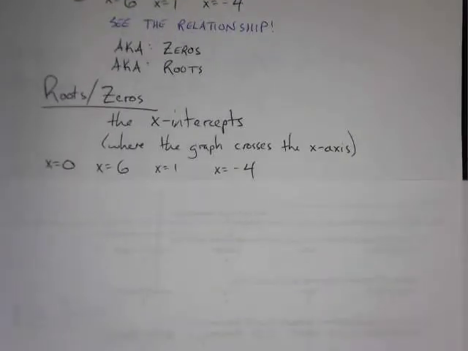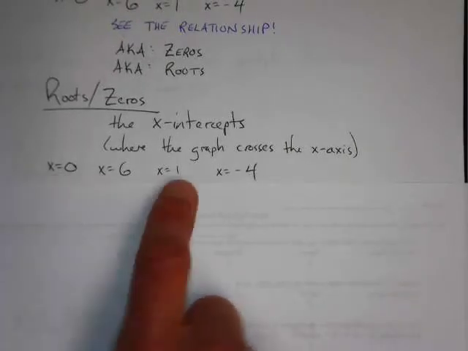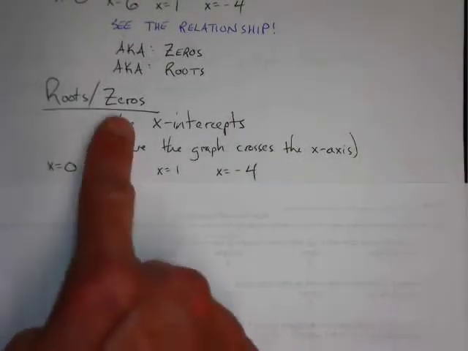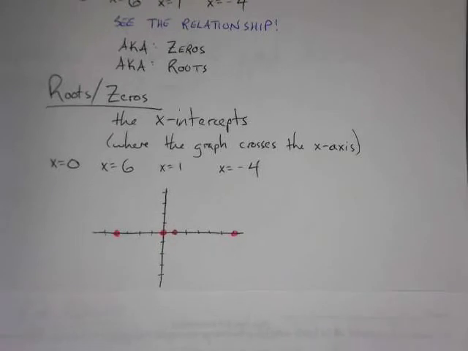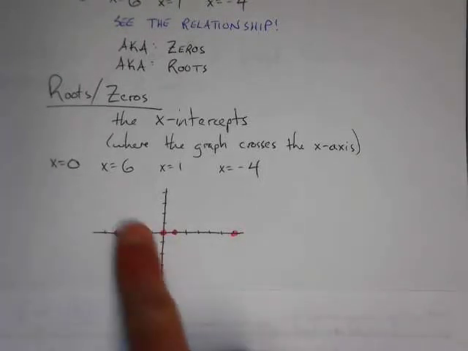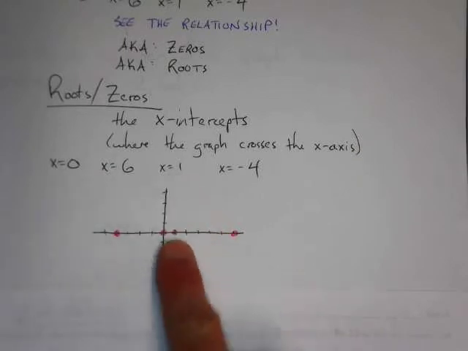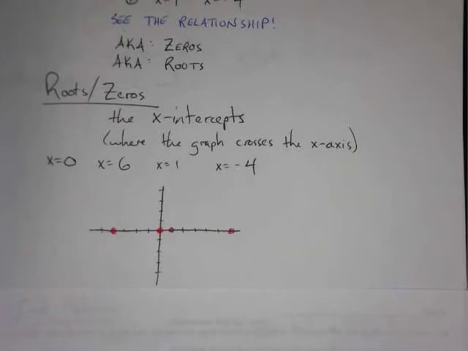So in the example we're working with, if we have solutions at 0, 6, 1, and negative 4, that means we have roots or zeros at 0, 6, 1, and negative 4, which means that those are the points where a graph will cross the x-axis at 0, at 6, at 1, and at negative 4. So that's all tying in vocabulary with concepts we should be good at.